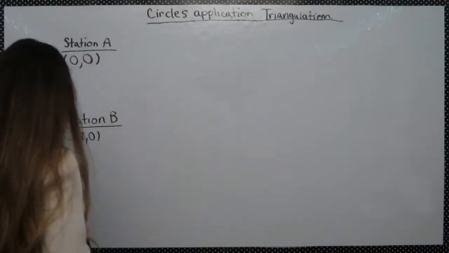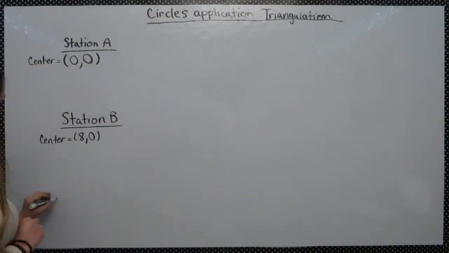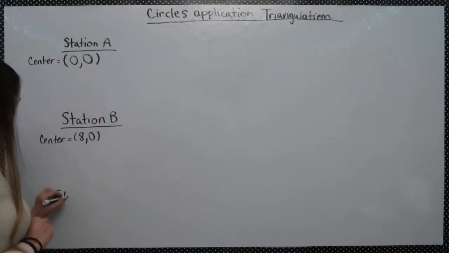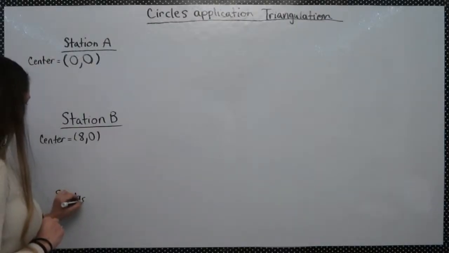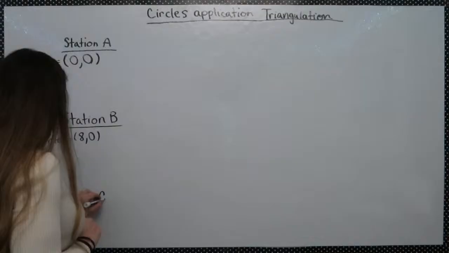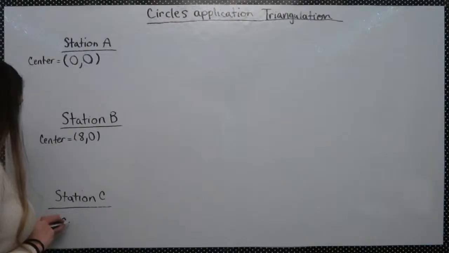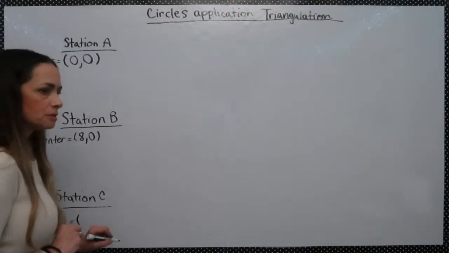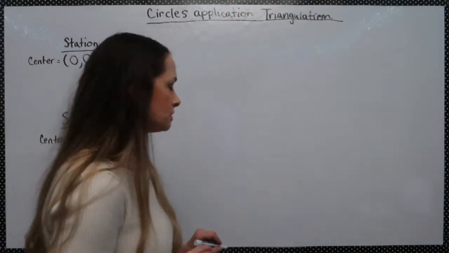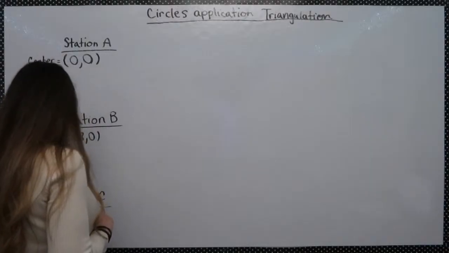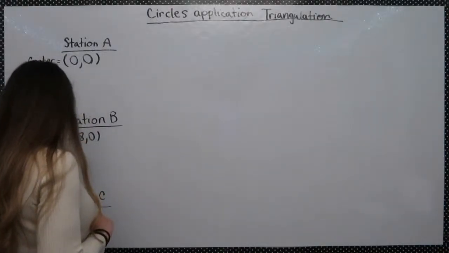And then we've got one more station down here. Let's leave some room for the equation. C is center at 4, 6.